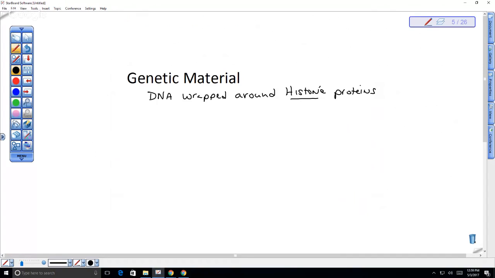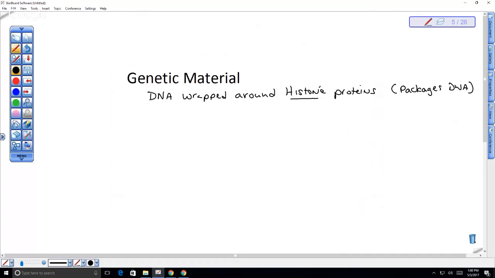Histone proteins are associated with DNA and package it. So it wraps around it. This is packaging of the genetic material.